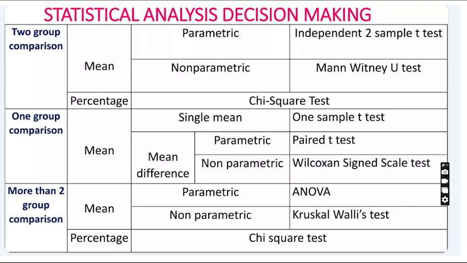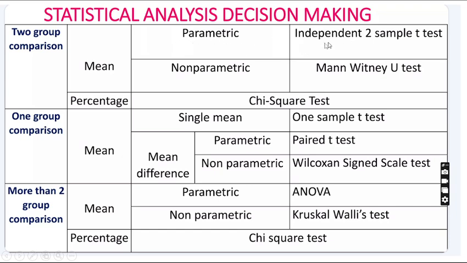Parametric is the structured data, where there is a pattern in the data. If the data is very discrete or a different kind of data, then we consider it non-parametric. I will discuss in detail what parametric and non-parametric are, but for now just understand that most of the analysis we conduct is under parametric, okay.